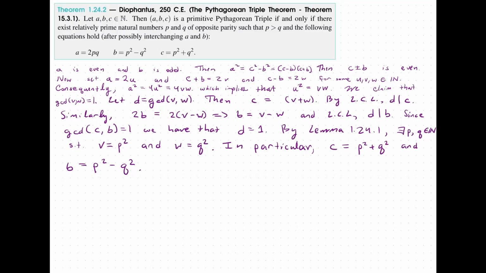So moreover, we have a squared is equal to 4u squared, which is then in turn equal to 4vw, which is 4p squared q squared, which implies that a is equal to 2 times p times q.